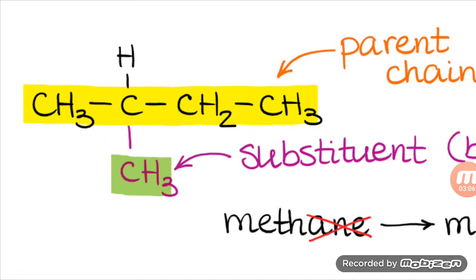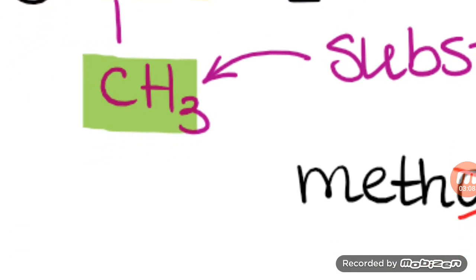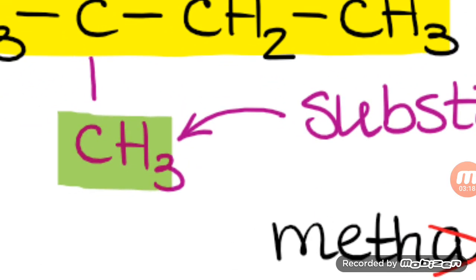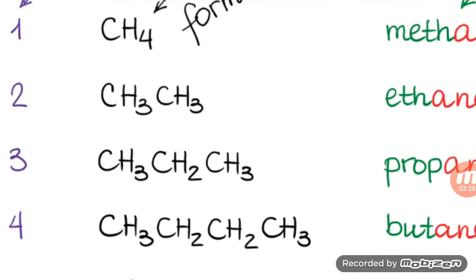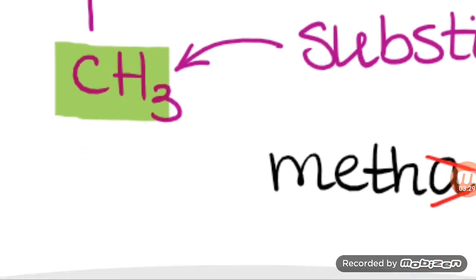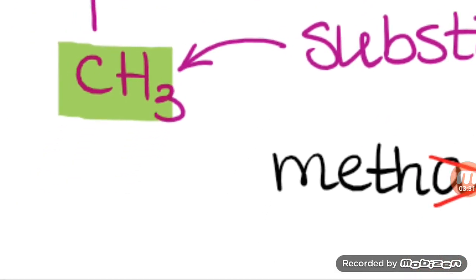This is CH3. I just told you that one carbon is called methane, but methane has one hydrogen less here, because CH4 is methane but here it is CH3, so it is not an alkane. CH3 is now an alkyl group, and this alkyl group is called methyl group.